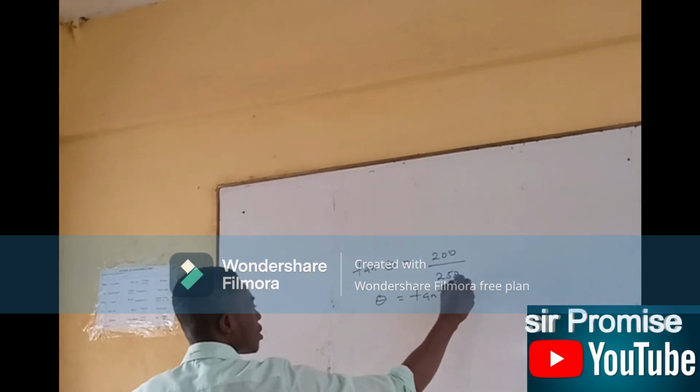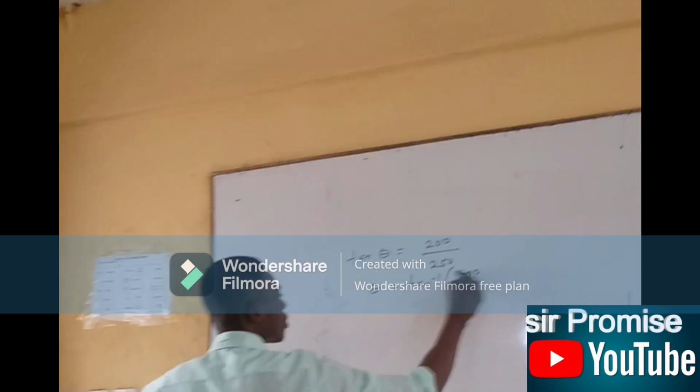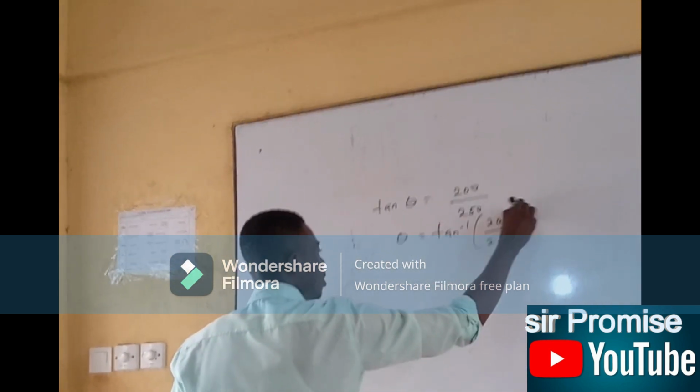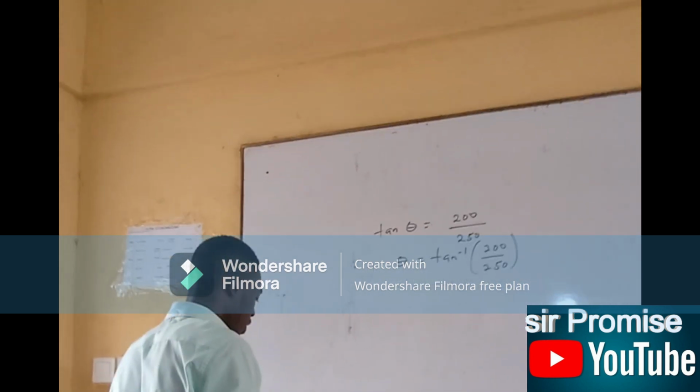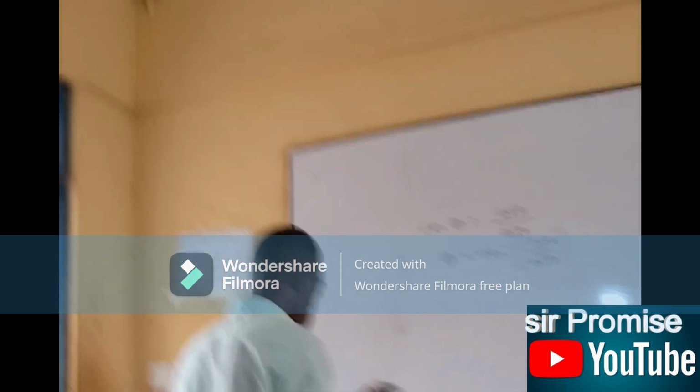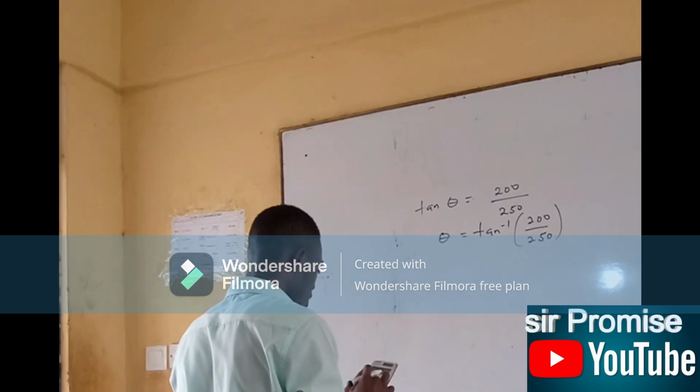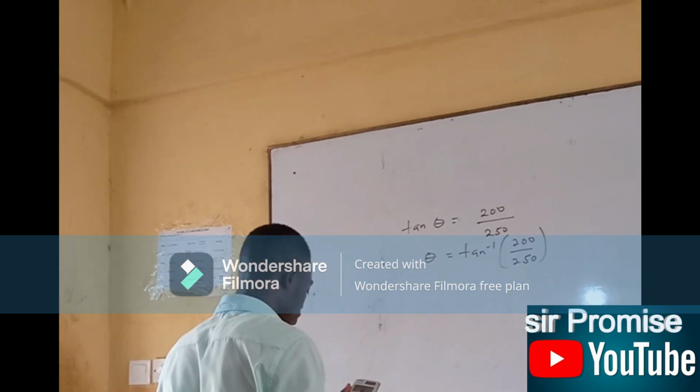So we are going to write the theta as the tan inverse of 200 out of 250. Then let's find the tan inverse of 200 out of 250.